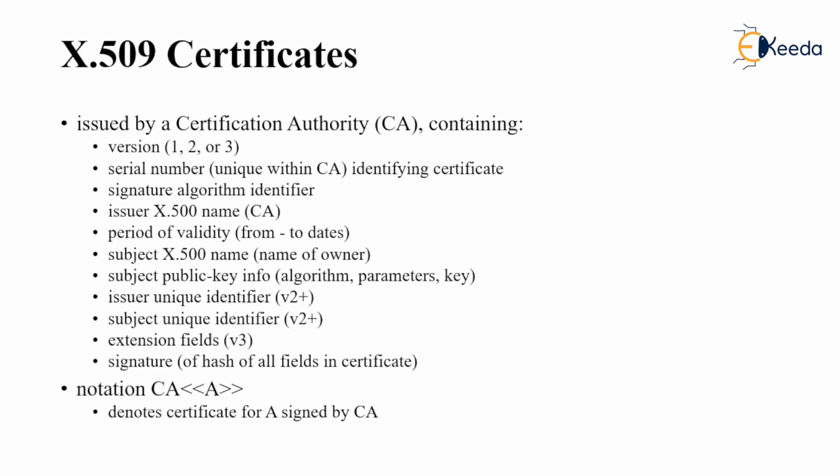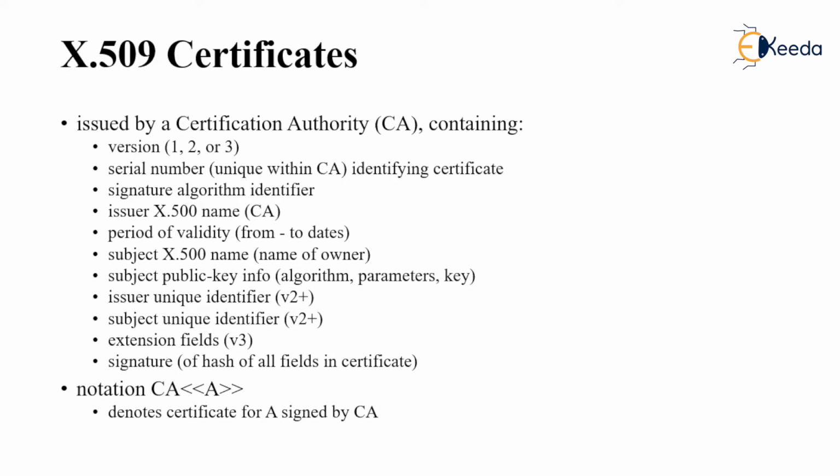It has the signature algorithm identifier, the issuer's name, and the validity period, that is, from which date to which date the particular X.509 certificate is valid.